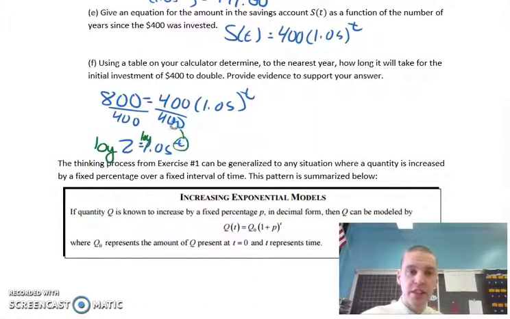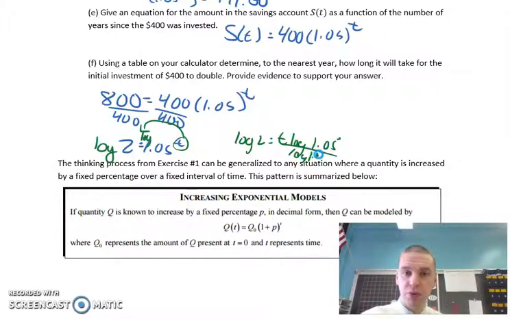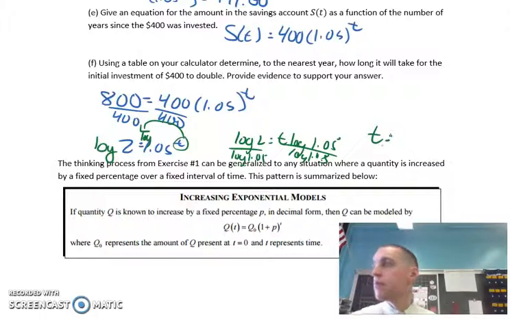Remember, when you take that, this t comes out. So I'm going to get log of 2 equals t log of 1.05. Well, the t is almost alone. We solved these last class. Divide by log of 1.05, and you're going to get t to equal 14.21 years.